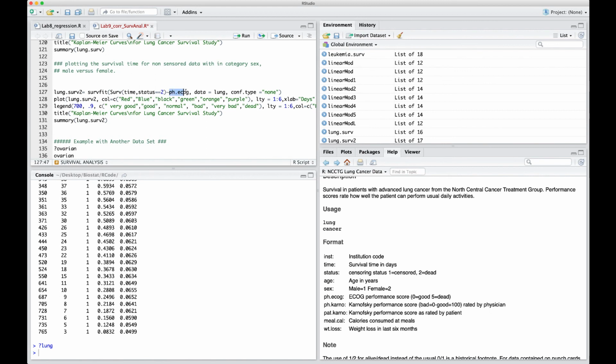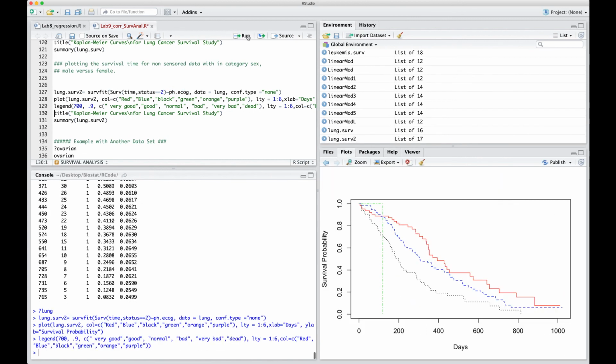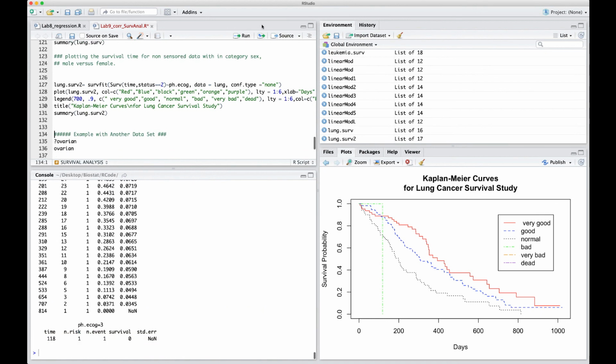Data is lung. Let me run all those. If the performance score is very bad, that is dead, then it is 0 and there is no curve for that.